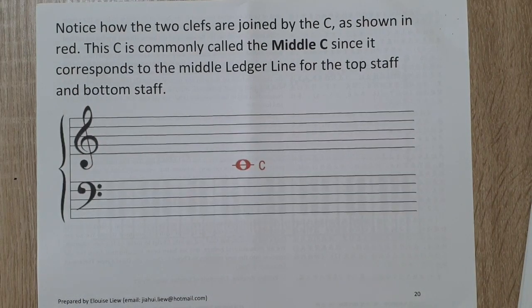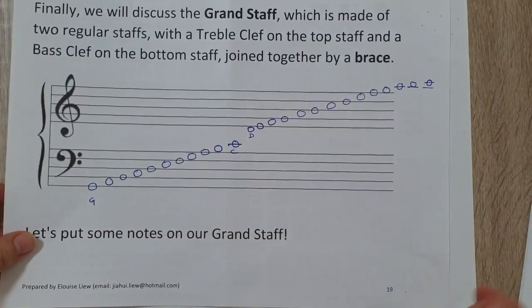This C is commonly called the middle C, since it corresponds to the middle ledger line for the top staff and the bottom staff.